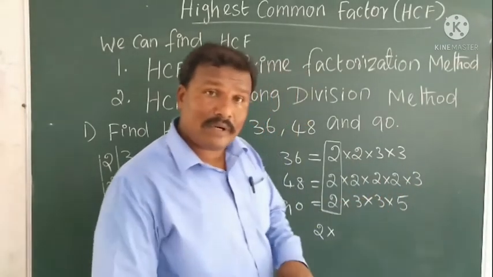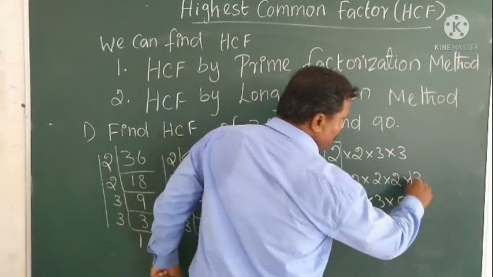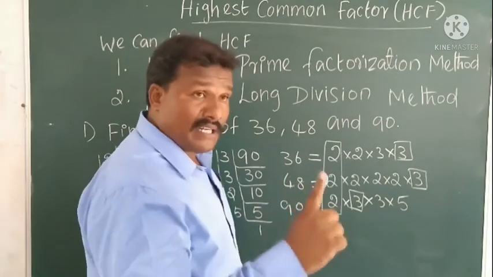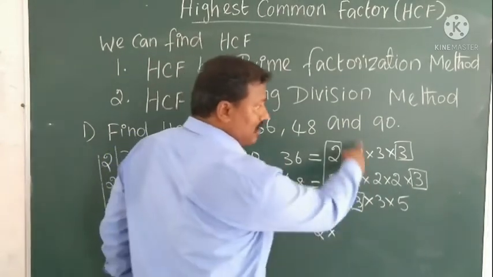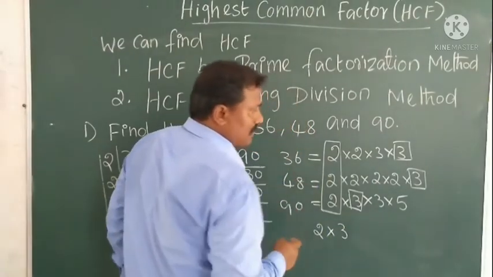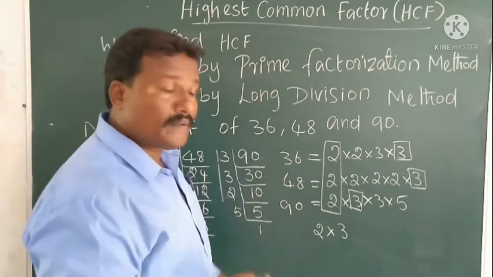So 3 is only 1 common, 1 time in all the factors. So we have to take 3 1 time. Here 5, here there is no 5, here there is no 5. So no need to take.